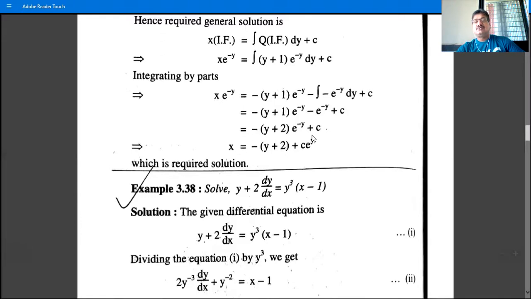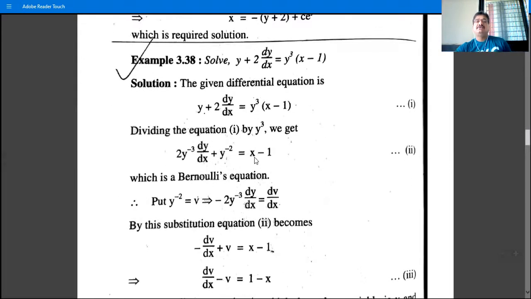So dividing throughout by e raised to minus y, so x is equal to minus y plus 2 plus c into e raised to y, and this is the required solution or general solution of the given differential equation.